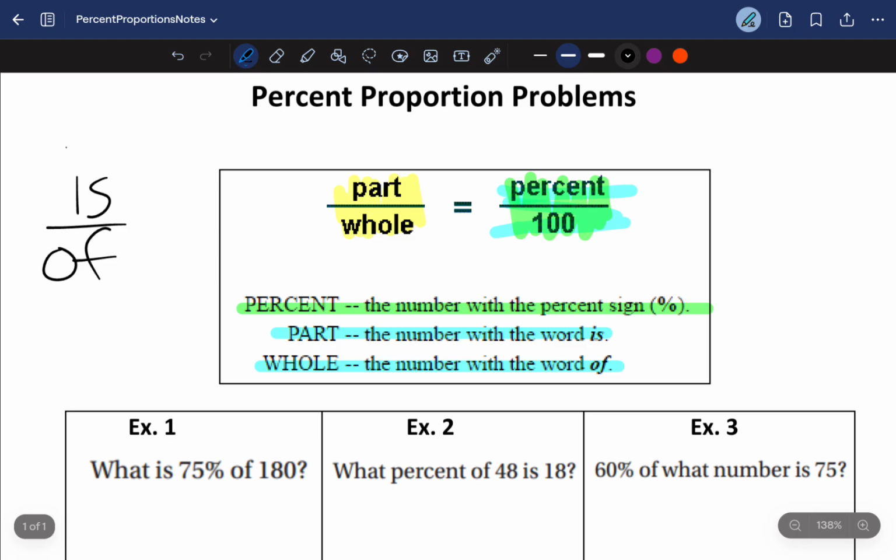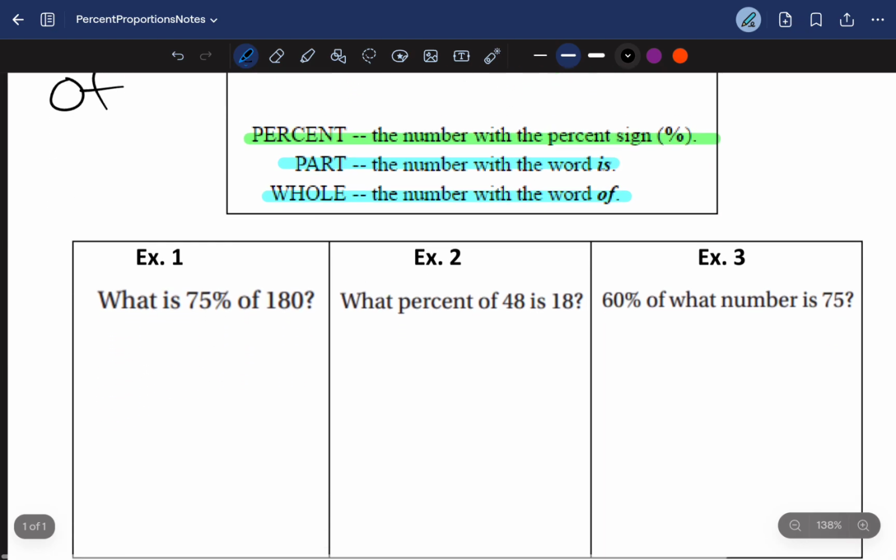For example, you would say 20 is 25% of 80. So 20 is the part that corresponds to the percent. And of is the whole or the total amount. Back to that problem, 80 is the whole amount from which the percentage is taken.